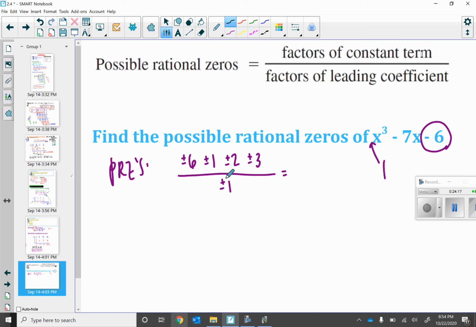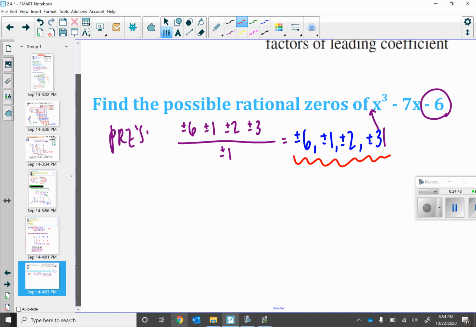We would technically do all these divisions. So 6 divided by 1 is either positive or -6, positive or -1, positive or -2, and positive or -3. Now, these are not the answers necessarily. These are possible zeros. But it's a lot better. So this is 2, 4, 6, 8. 8 possibilities is a lot better than an infinite amount.